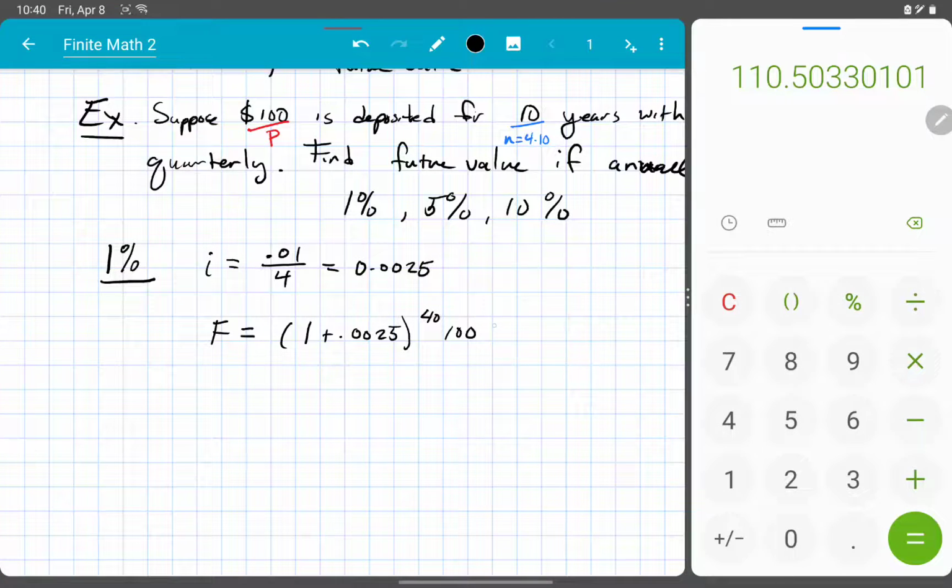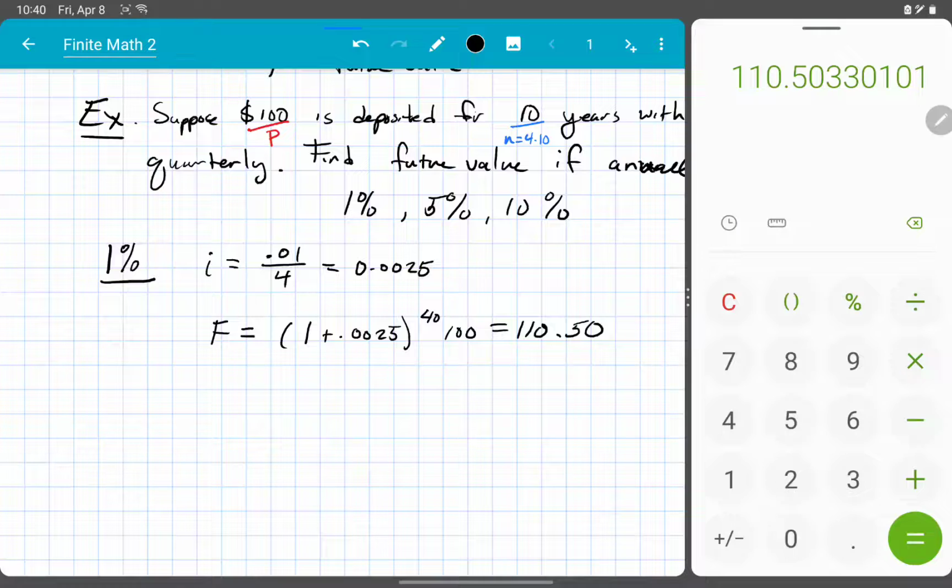Okay, so I have $110.50 at the end of 10 years. So you might think, oh, it's 1% per year, I have $100, 10 years, I should have $110. But that 50 cents is because of the compounding. That extra 50 cents that you have.